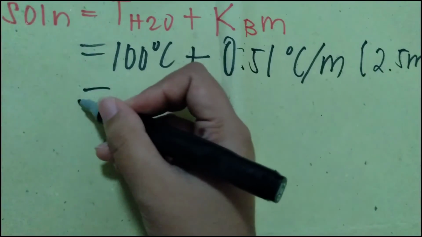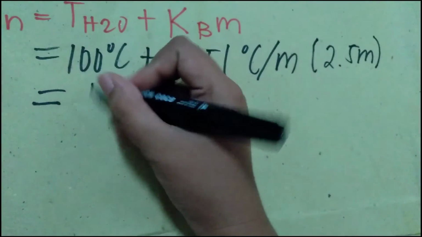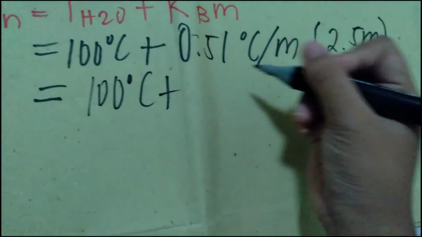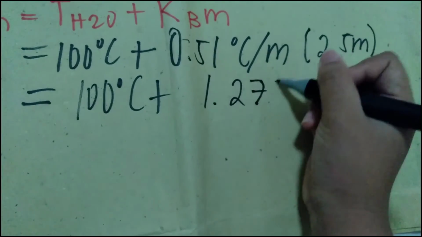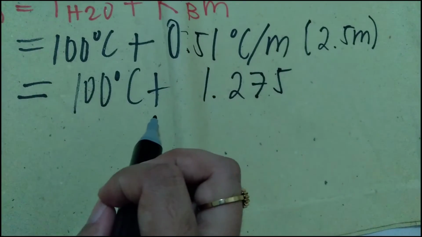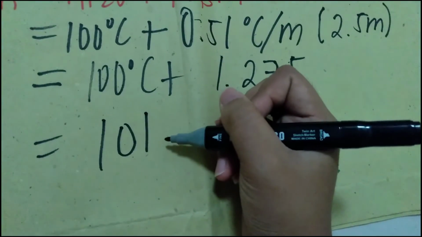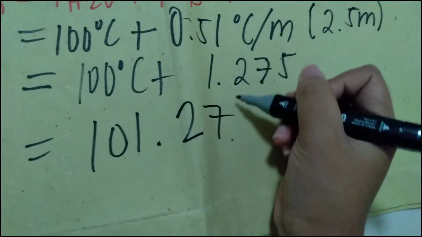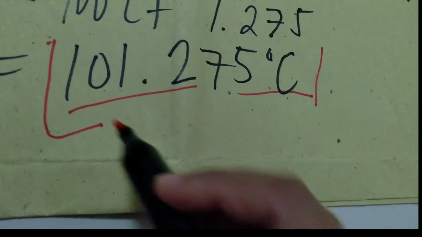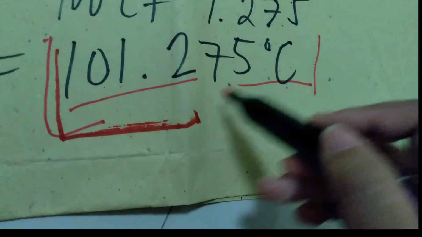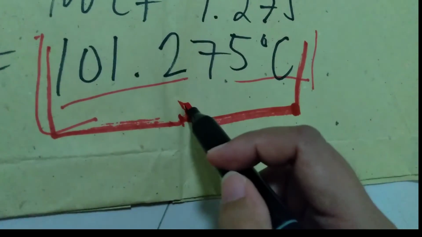So 0.51 times 2.5 is 1.275. So 100 degrees Celsius plus 1.275 is equal to 101.275 degrees. So the boiling point of the solution is 101.275 degrees Celsius. This is the answer.